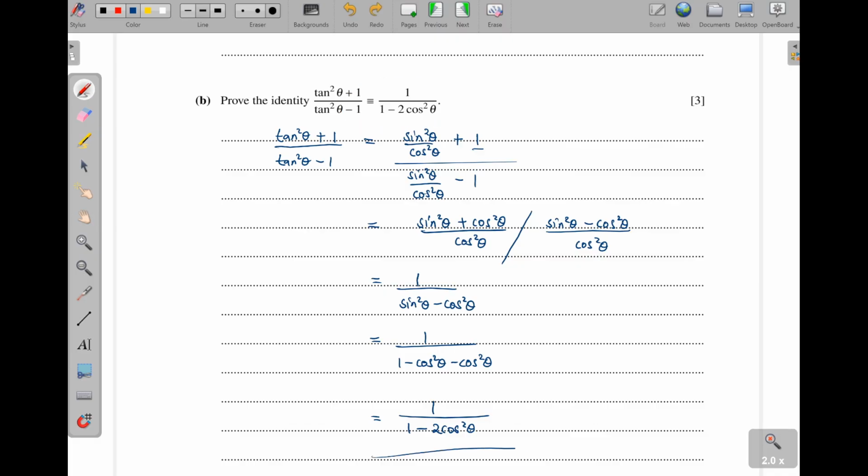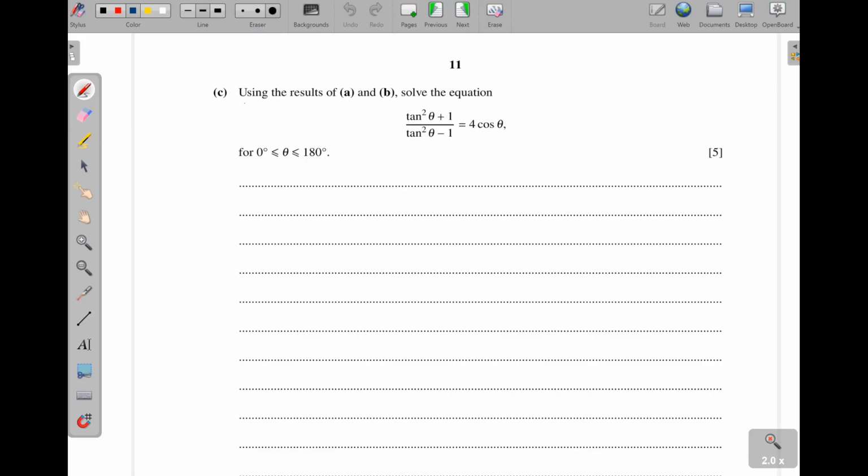So that is that. Then part C, using the results in A and B, solve this equation here. Now this one we have seen is 1 over 1 minus 2 cos squared of theta, which is equal to 4 cos of theta.